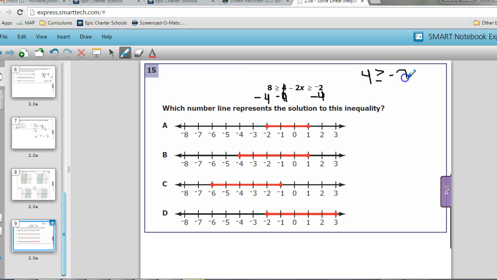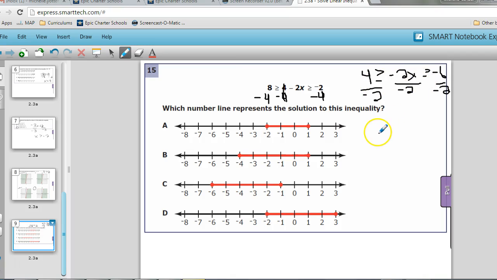We have -2x. Okay, bring down that inequality sign. -2 minus 4 is -6. Okay, then our last step would divide everything by -2. What's in the middle? I'll show you the other way to solve this as well, in case this is confusing you.